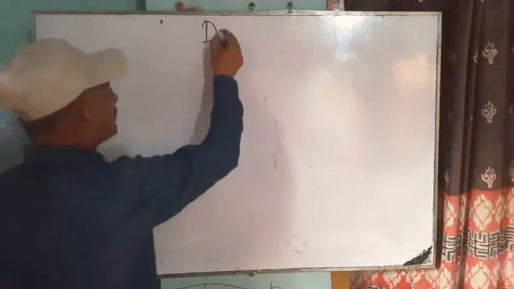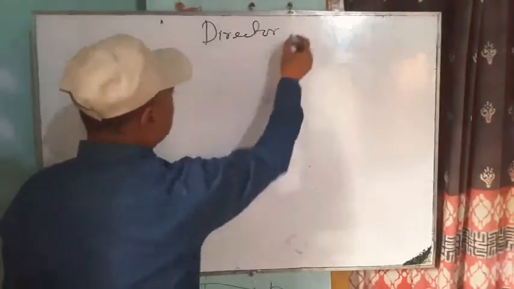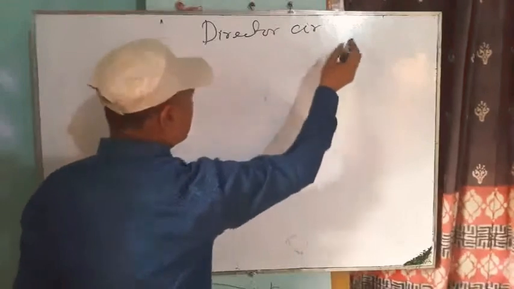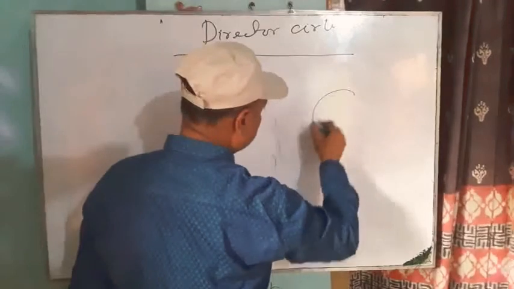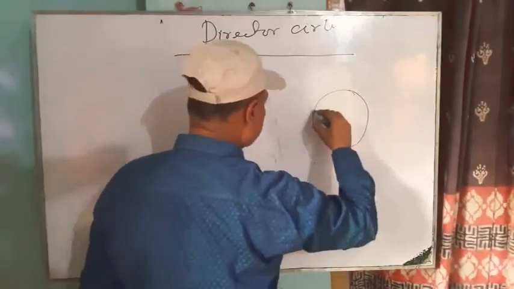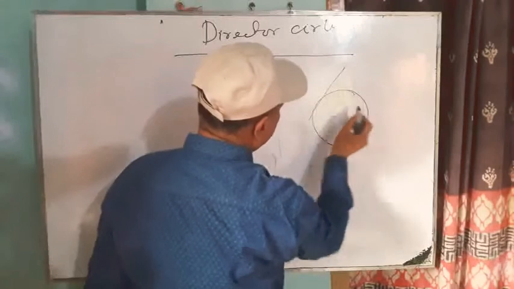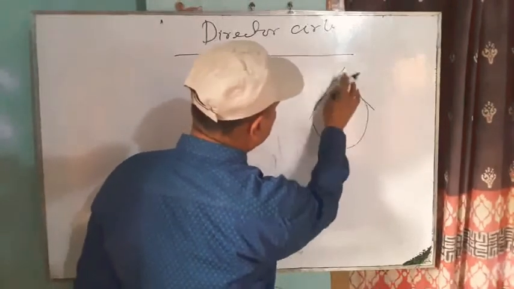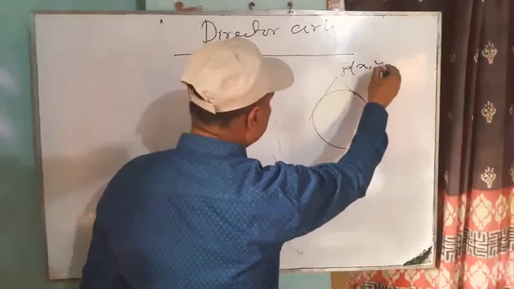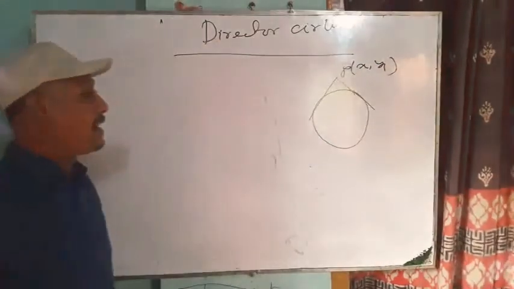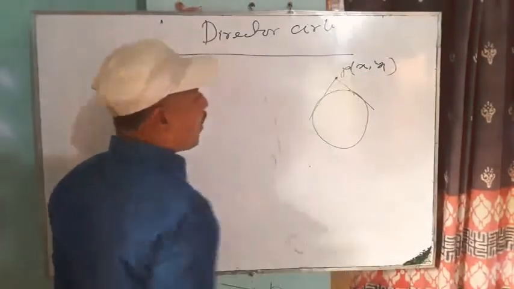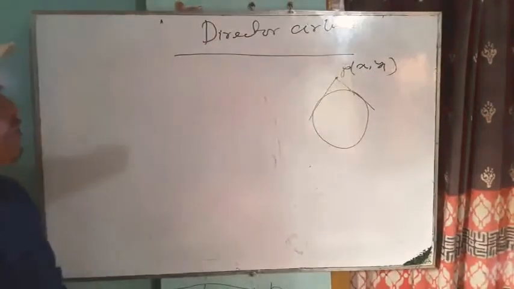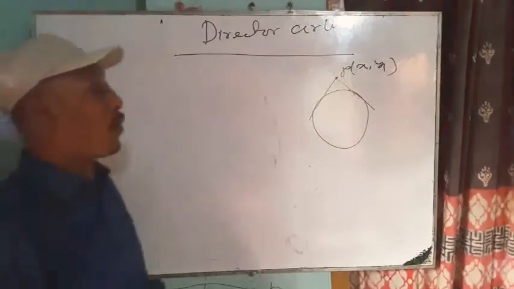Director circle. The director circle is the locus of points from which perpendicular tangents can be drawn to the conic.